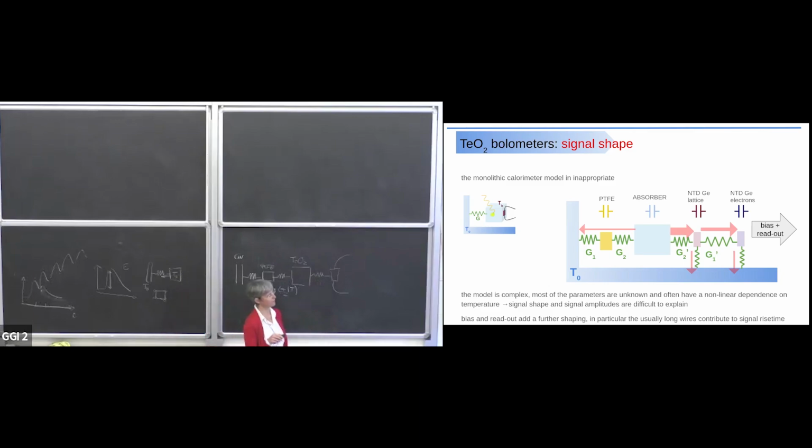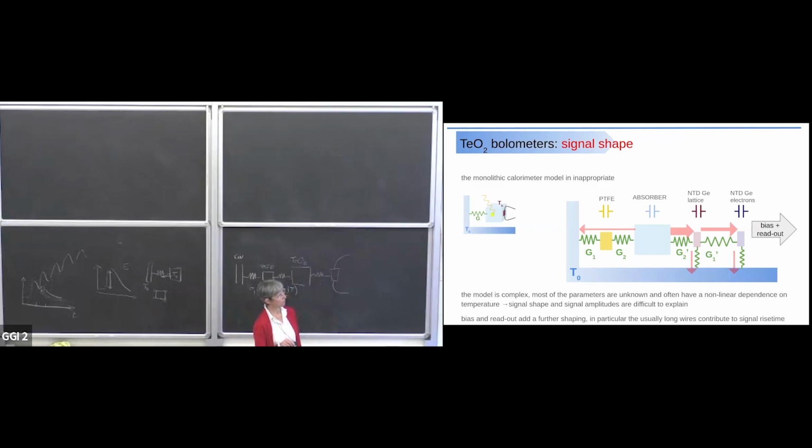You have electrons that can move as if they behave in some way as a gas of electrons with their own heat capacity. So the model is this one.